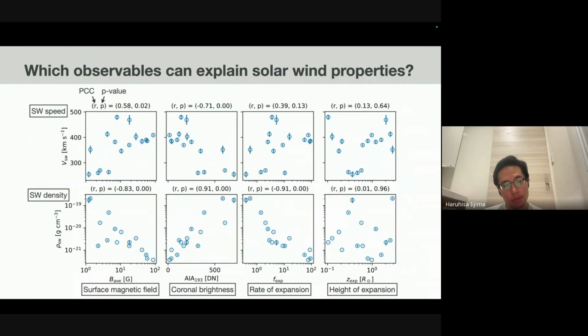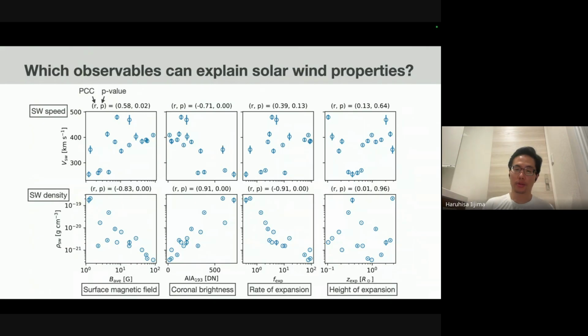And the left panel shows the surface magnetic field, especially the surface average magnetic flux, the total magnetic flux. The next panel shows the coronal brightness, which is measured by the SDO/AIA 193 intensity.